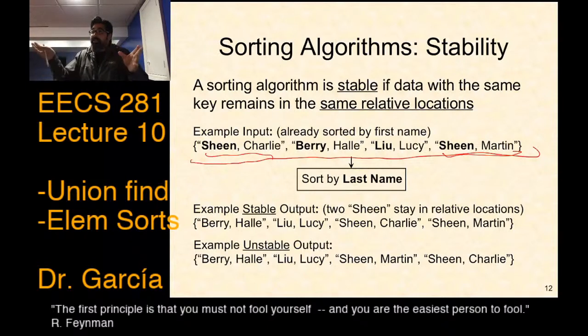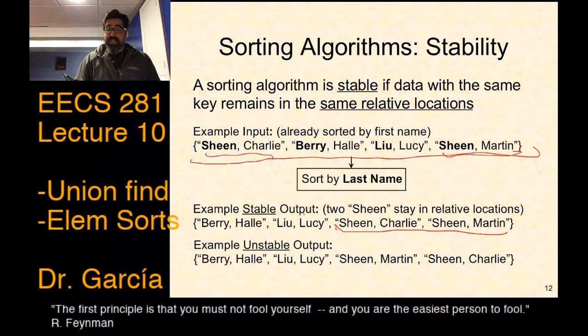So if they come out sorted, we know that our sorting algorithm is going to place them both next to each other because they have equal keys. But stability would mean that even if you place them next to each other, they should come out in the same order that they were given as input, right? So an example of a stable output would be that because in the input Charlie Sheen came before Martin Sheen, that's the same order in which you will see it in the output when you sort it.